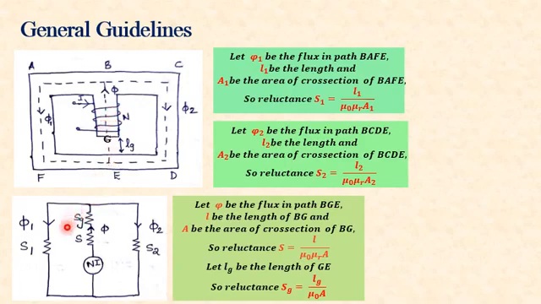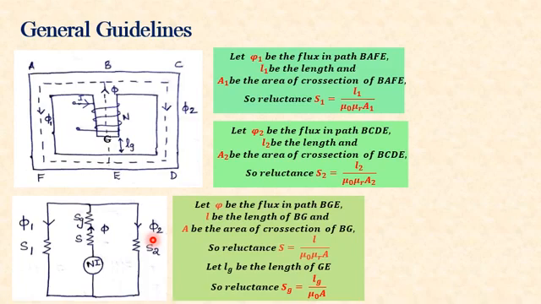So the equivalent of the central limb will come like this. Now similarly, the phi 1 flux is traveling through a reluctance of S1 and the phi 2 is traveling through a reluctance of S2.